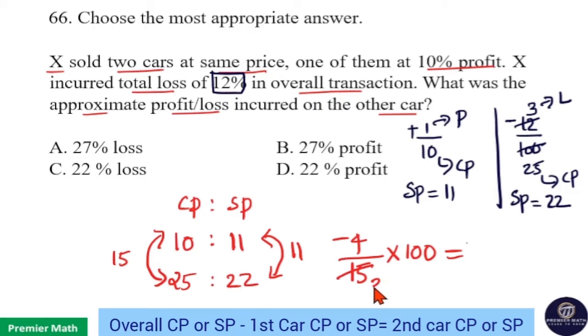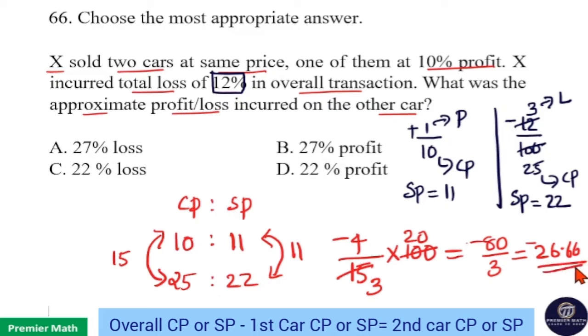So 5 goes 3 times in 15 and 5 goes 20 times in 100. That means minus 4 into 20 is minus 80 divided by 3. 3 goes 2 times in 8, remaining is 2. So 20 by 3 is 6.66.